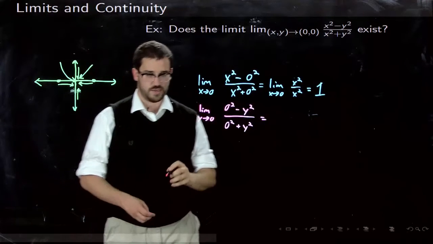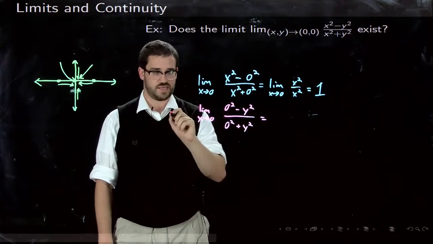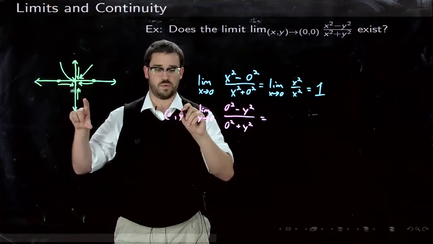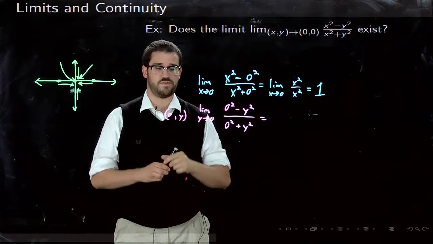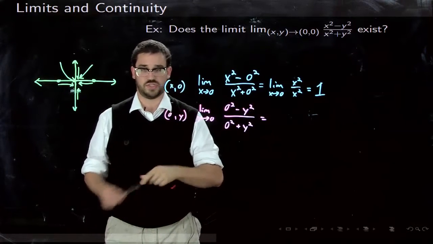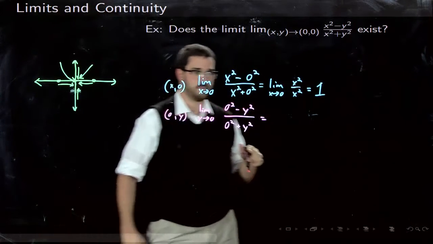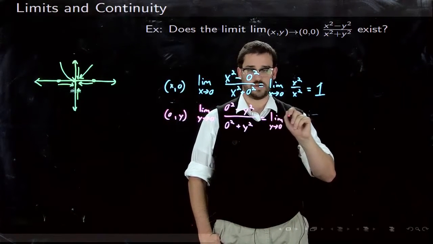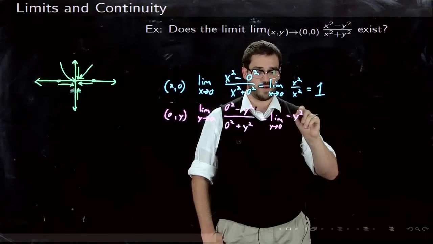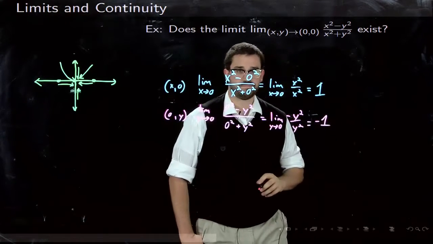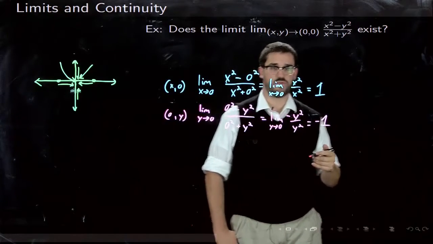Because in this case I have a fixed x of 0 and y is variable, whereas in the previous case my x was variable and my y was fixed at 0. Well, in this case, I get the limit as y goes to 0 of negative y squared over y squared, which is negative 1. Well, does 1 equal negative 1?